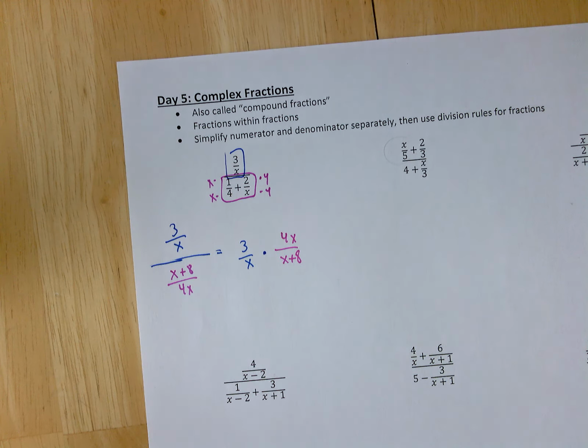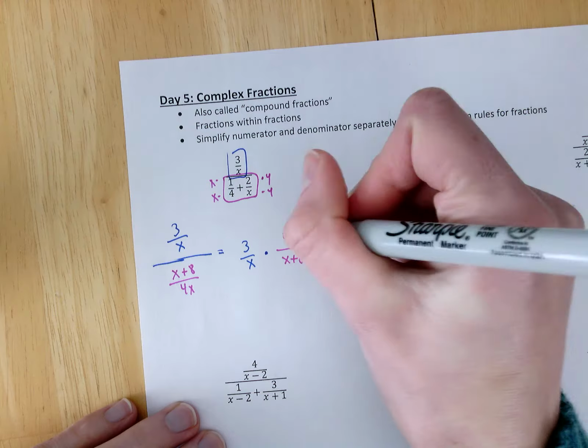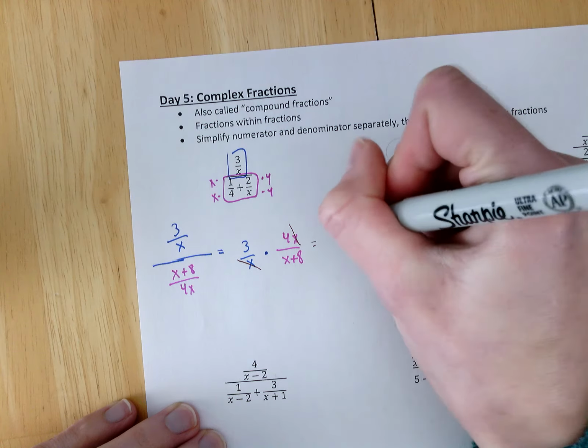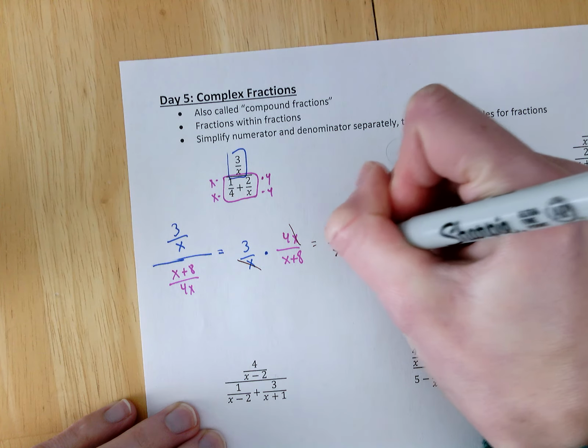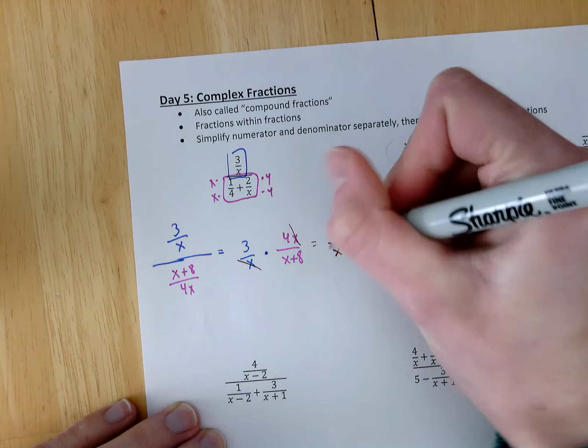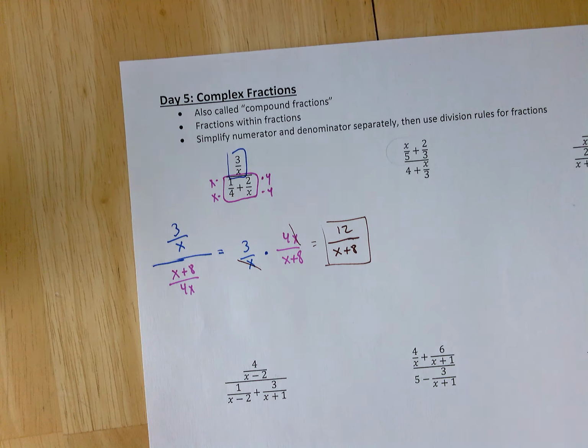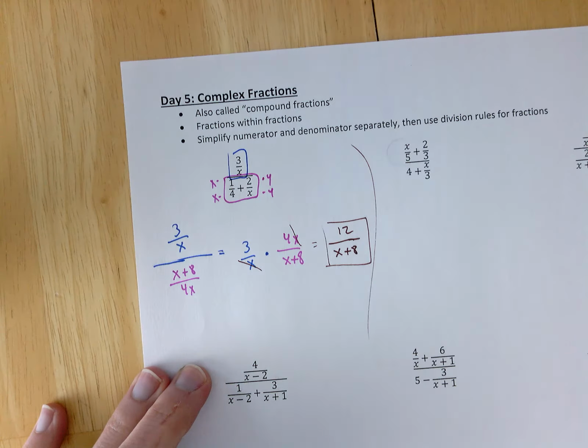Check for anything that's going to cancel, which in this case, this x will cancel with that x. And my answer when I'm done with that, on the top, I'm going to have 12, and on the bottom, I'll have x plus 8. Okay, and that's it. The 12 and the 8 don't simplify at all because there's nothing that's a common factor of the entire numerator and the entire denominator that will simplify. Okay, so that's it for that one.